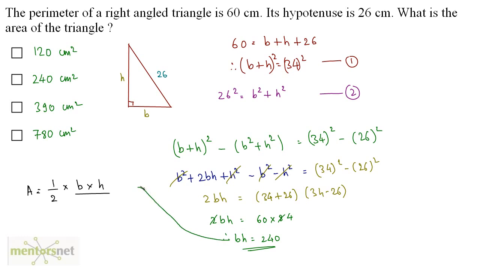Now put this value here to find out the area. So area is equal to half into BH. So half into 240. So it is equals to 2 times 120 is 240. So 120 centimeter square. So option A is the correct answer.